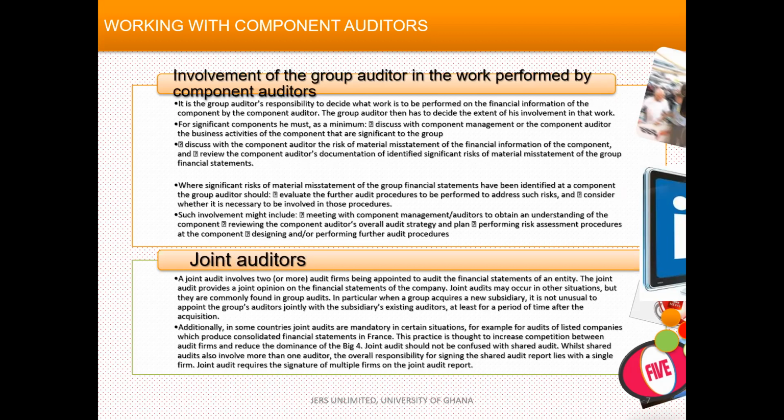When you identify a risk, then you have to find a way of addressing that risk. So they need to evaluate the audit procedures to address such risk and whether it is necessary to be involved in such procedures.